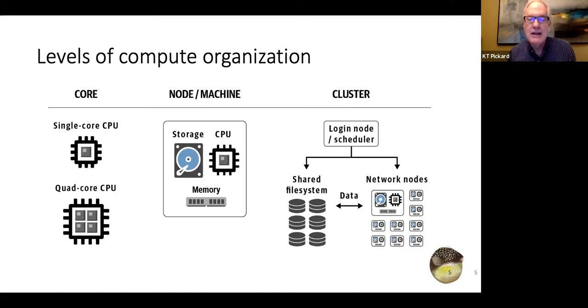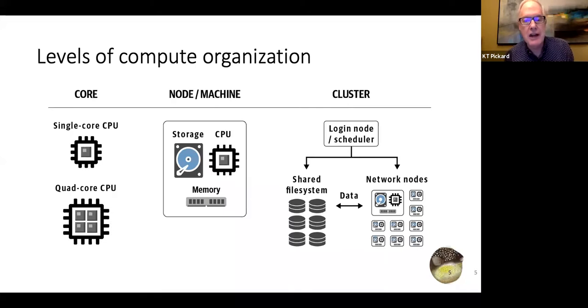For the last, oh gosh, it's been a while now, 10, 15 years, we've been seeing CPUs with multiple cores in them, or essentially additional CPUs within CPUs. You can think of it that way. And whether they have 2 or 4 or greater numbers of cores, it's a way of improving processing capabilities. We'll talk about how that's done in the next couple of slides.